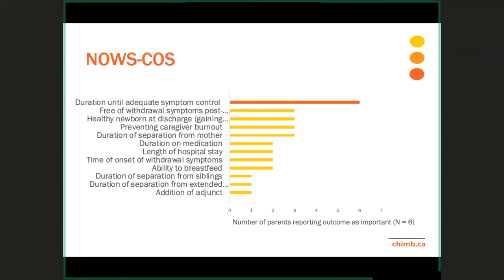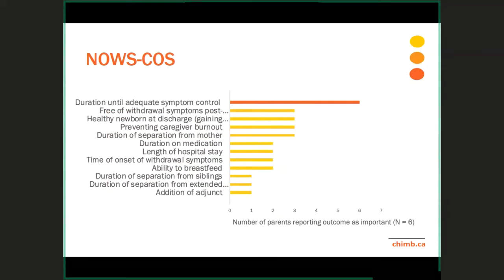But what was really important is that all 6 parents independently said that the duration until adequate symptom control, which was not called that in the interviews, it was how long until they stop shaking in my arms, how long until they stop crying, how long until they can be consoled. They want that treatment to act fast.